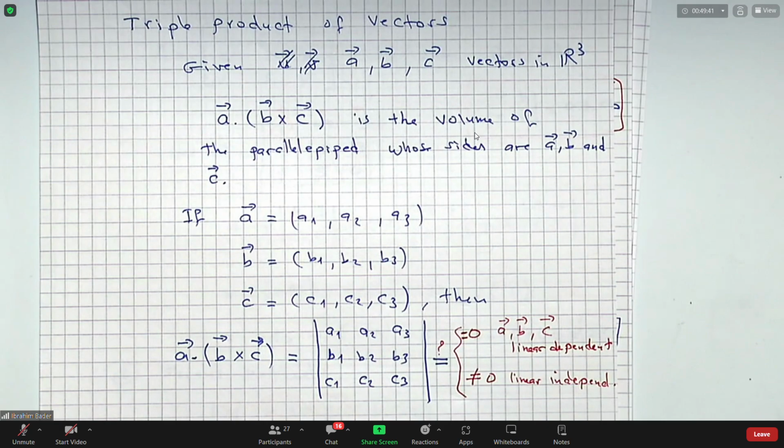It means they are in the same plane, so they are linearly dependent. The issue here is that one vector is perpendicular or orthogonal to that vector, but whether these two are perpendicular or not is not a big issue.